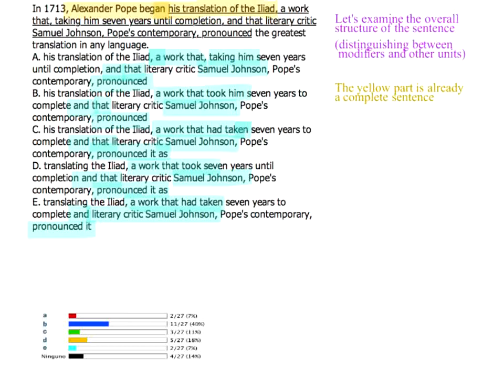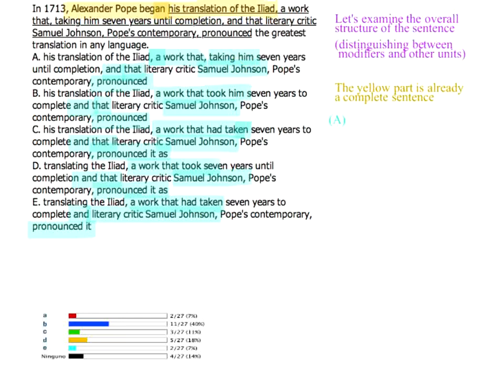So, okay, when we look at the modifier here in terms of construction, there are two of these that are problematic. There's a work that taking him, there's no verb in this part. So we have and Samuel Johnson pronounced. That part is fine, like a work that Samuel Johnson pronounced, whatever.